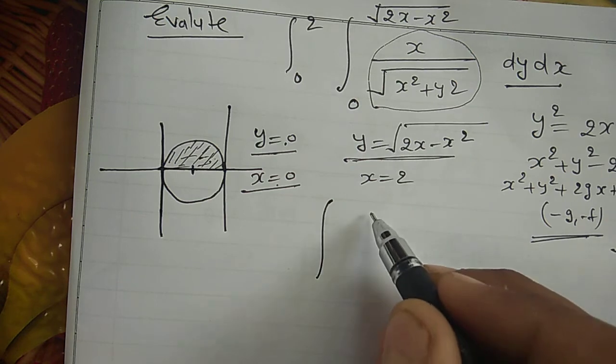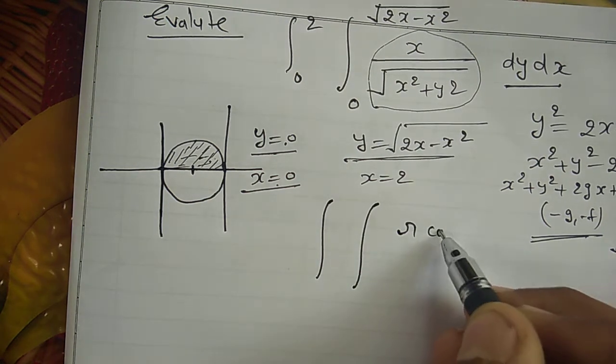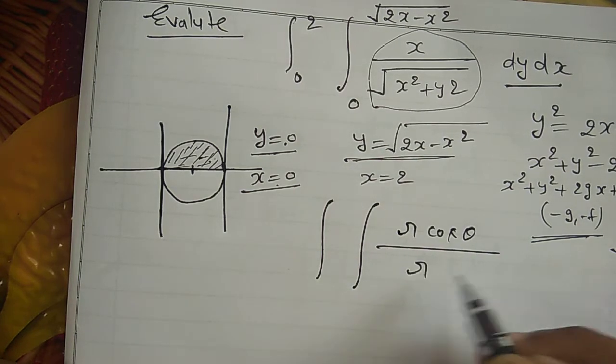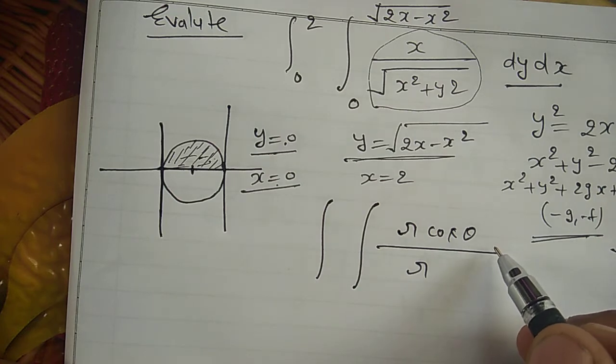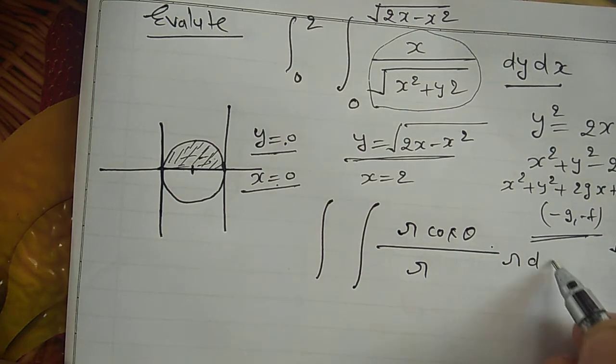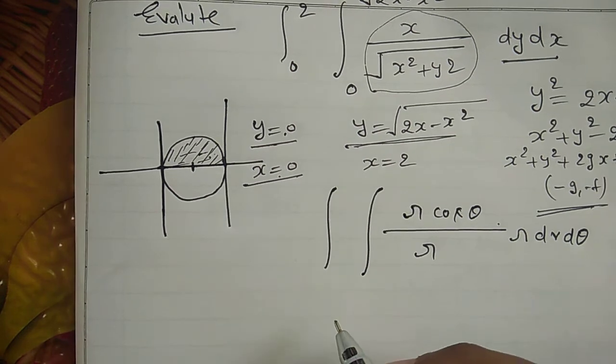Let us convert. So x equal to r cos theta, so here we will have r cos theta divided by r, and dy dx means r dr d theta.